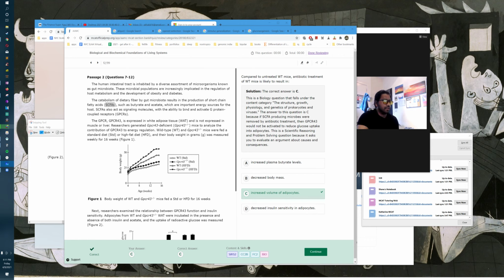Now let's look at body mass, insulin sensitivity, increased volume of adipocytes. So let's look at figure 1. If I compare wild type standard diet to wild type high fat diet, the high fat diet ones have greater body mass?